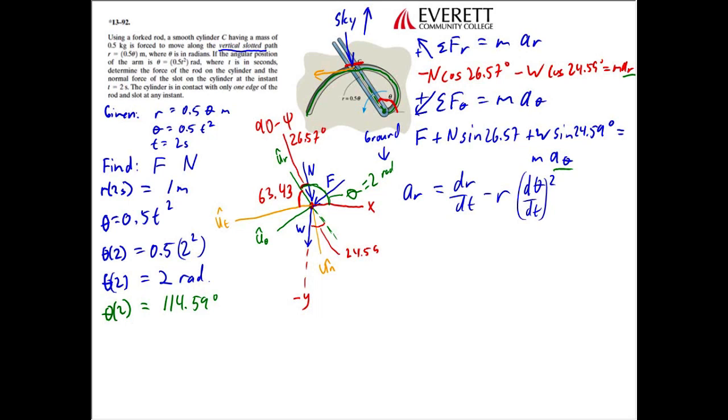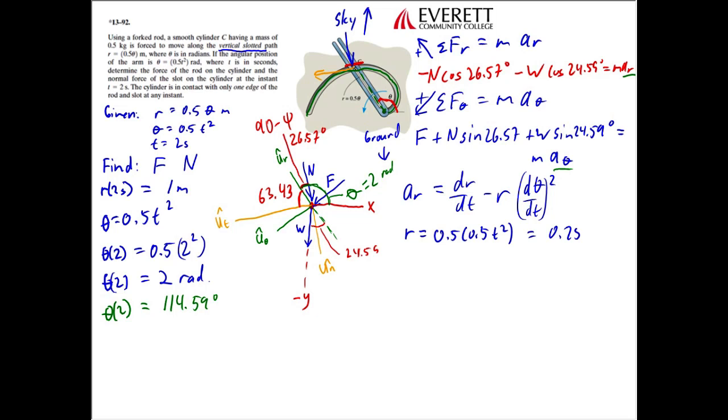So let's do that real quick. First, the derivatives of r. Our r is 0.5 theta and our theta is 0.5 t squared. So our r is equal to 0.5 times 0.5 t squared, which is equal to 0.25 t squared.